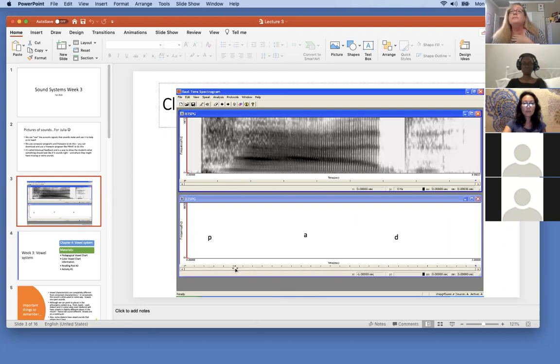So here's an example of what I mean. This is an acoustic picture of the word pad. So P-A-D. And what you see here is very specific acoustic signals for each sound that's in that word. So this bit at the beginning, this is complete silence, and that's the mouth closure for P, right?